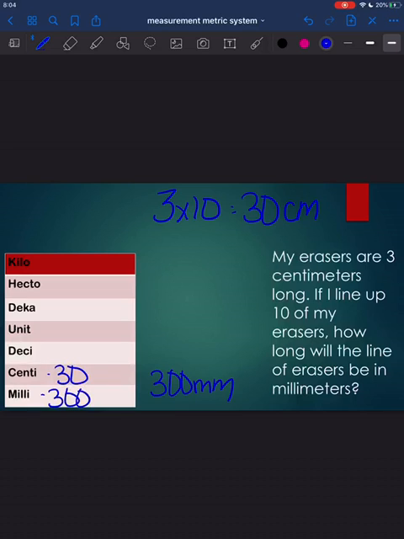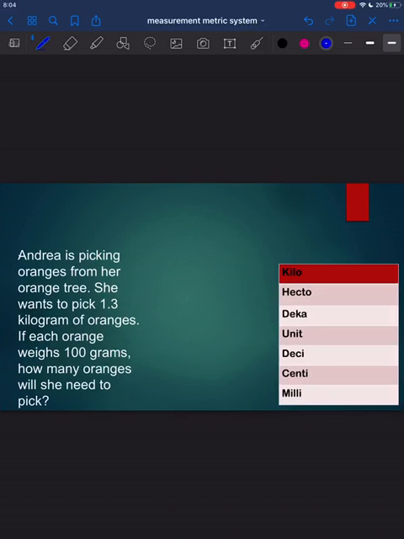All right. And then finally, we're going to look at this problem with Andrea. So Andrea is picking oranges from her orange tree. She wants to pick 1 3/10 kilograms of oranges. If each orange weighs 100 grams, how many oranges will she need to pick?